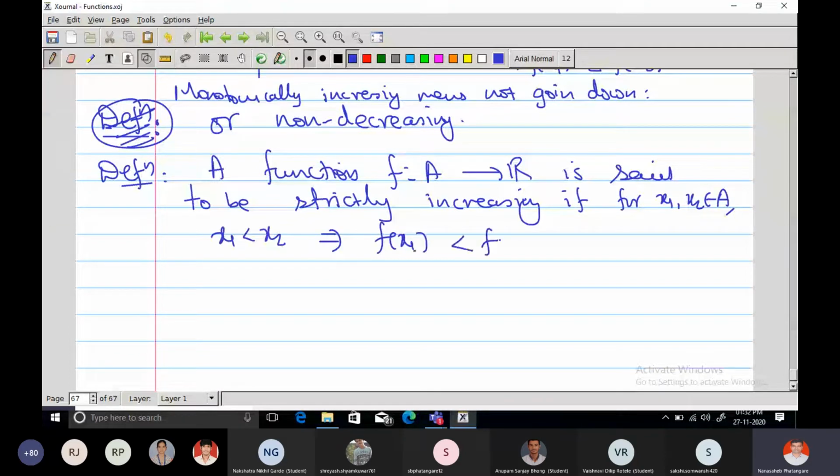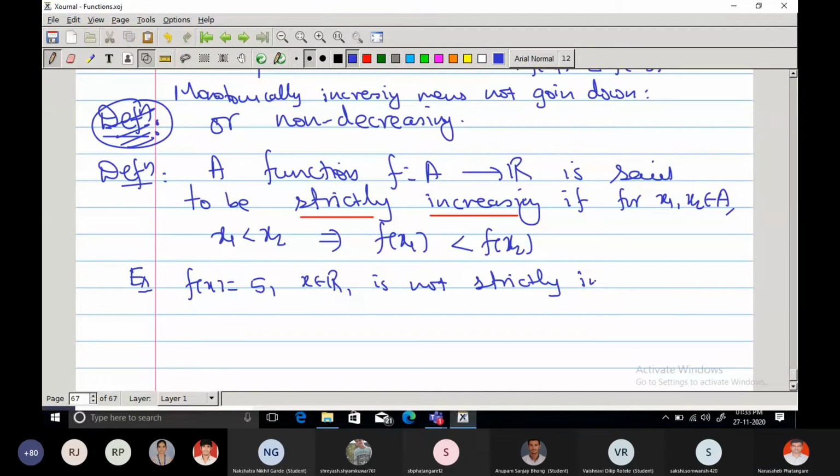Now this is a difference. There is a difference between the previous monotonically increasing and strictly increasing. Do you understand now? So f of x equal to 5 is not strictly increasing, correct?